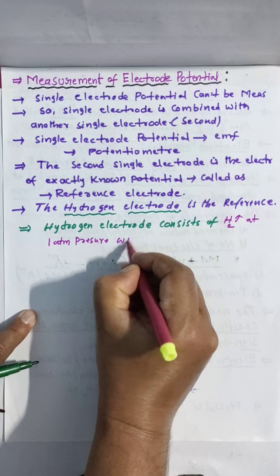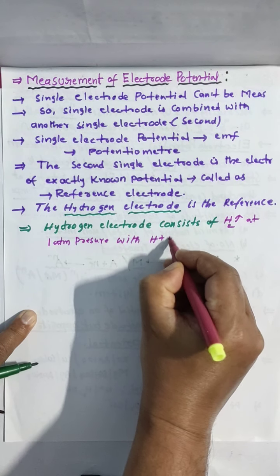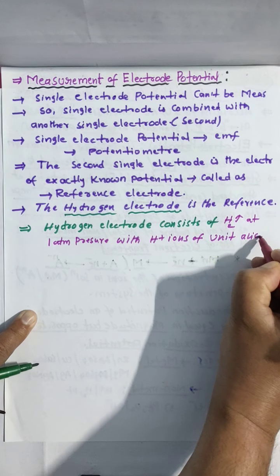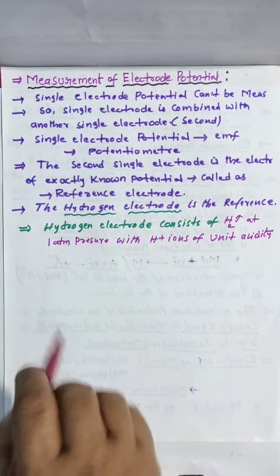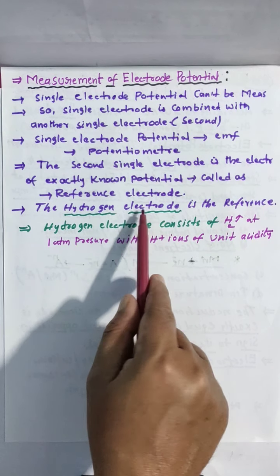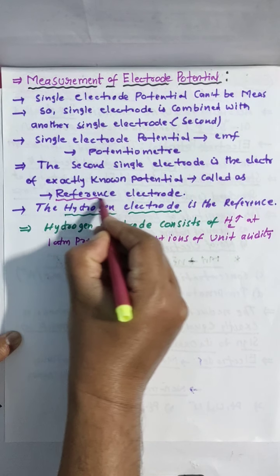with H plus ions of unit acidity. So the second single electrode which we are connecting with the first one is called the reference electrode.